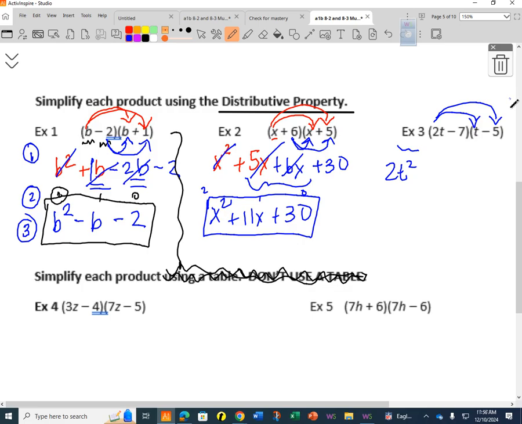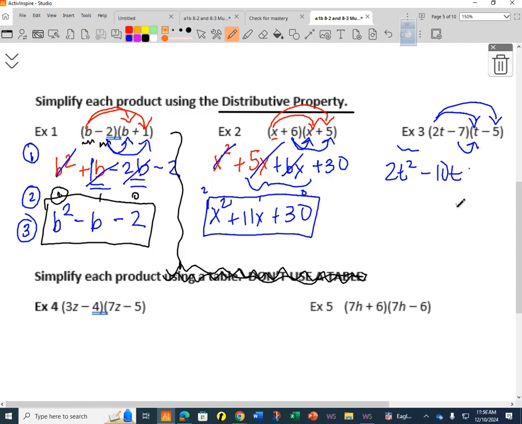What's 2t times negative 5, Jacoy? 2t times negative 5. Yep, negative 10t. Alright, so the 2 has been distributed to everything in the second parentheses, so now we're going to do this negative 7.